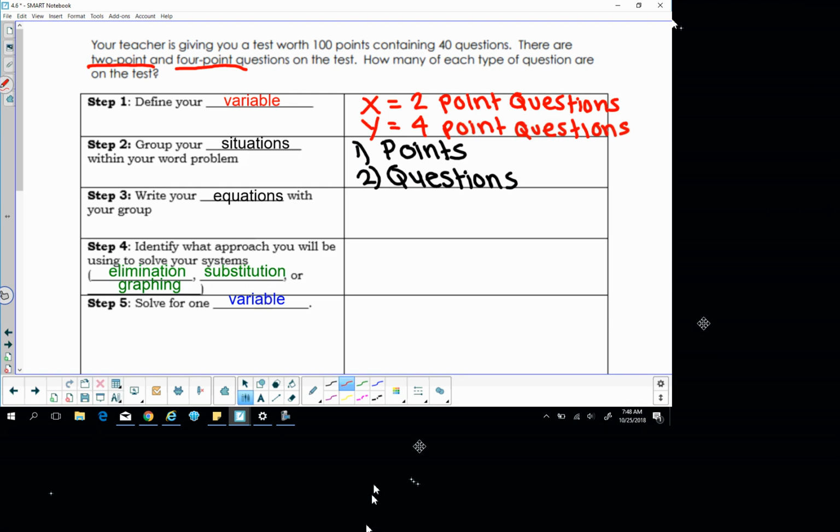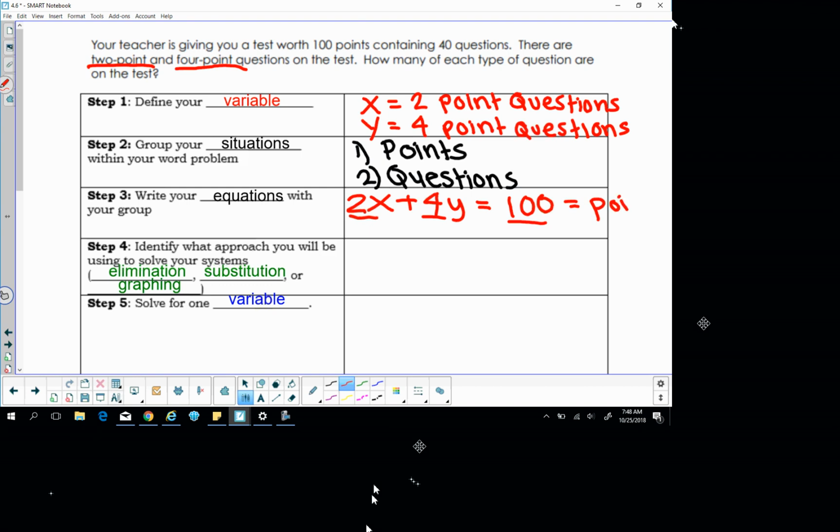How much are the 2-point questions worth? 2 points. So 2-point questions plus the 4-point questions. And how many points total are there? 100 points total. So that's going to be my points.